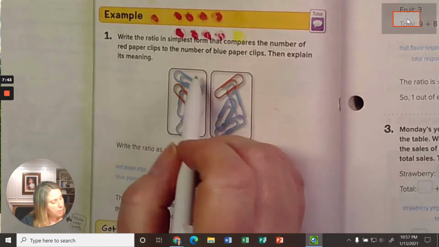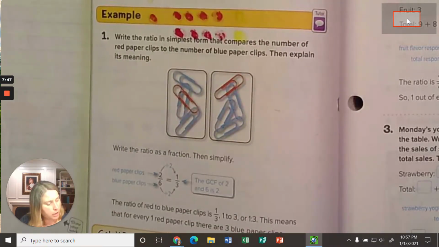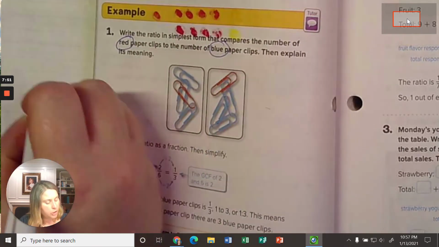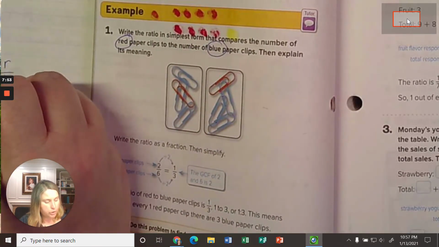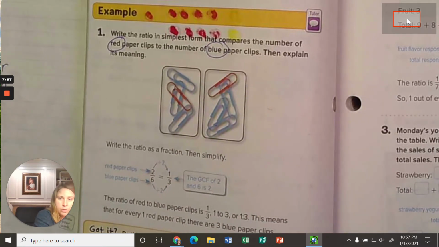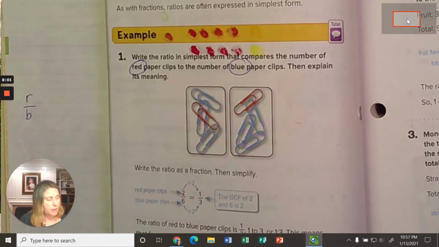So it was red to blue, and that's really important that you look at that order, red to blue. So when we make our ratio, it's going to be red to blue, okay? So we want to make sure we keep that order in mind, because order does matter when we're looking at the ratio. So it's red to blue.